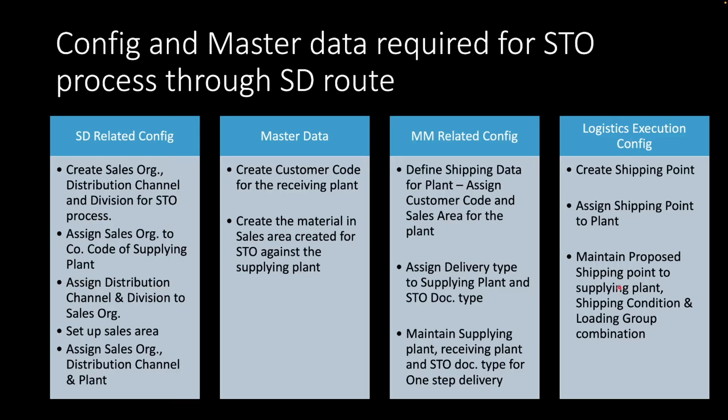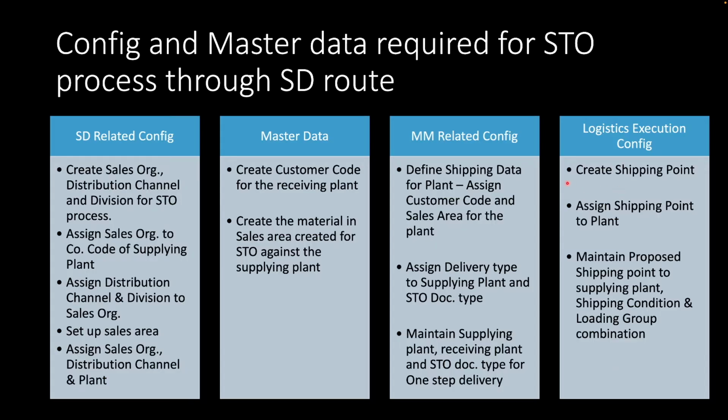And then the last configuration which is required to actually populate that shipping tab in your stock transport order is to do the logistic execution configuration. What does this mean? You have assigned the sales area to the supplying plant, but a shipping point is also required for the system to understand from where the material is going to be shipped.